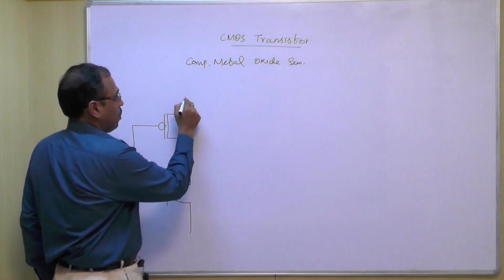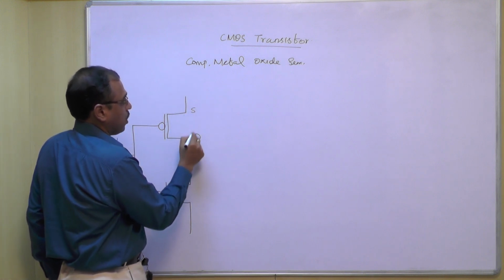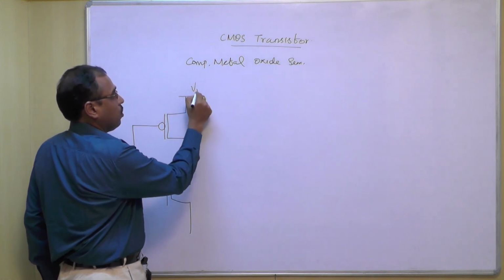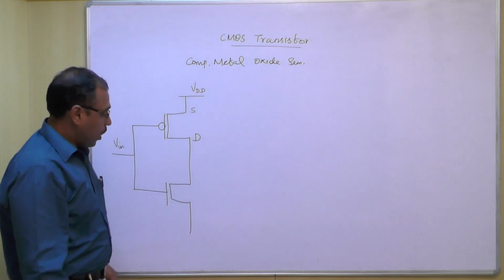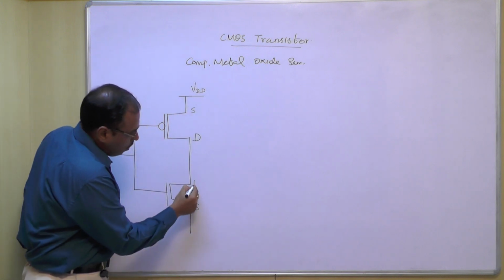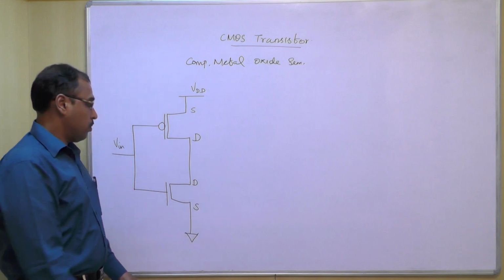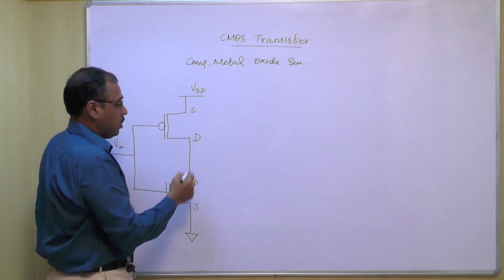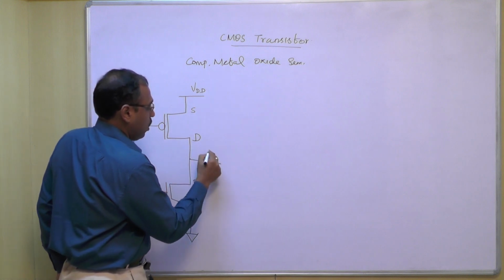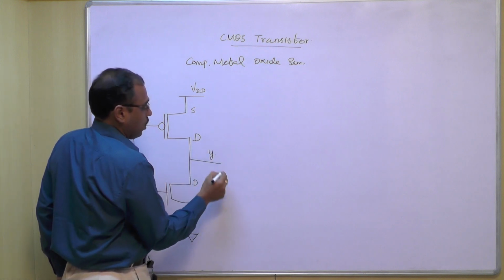The source of the PMOS transistor is connected to VDD, the source of the NMOS transistor is connected to the ground, and the drains of these two transistors are connected and the output is taken here.